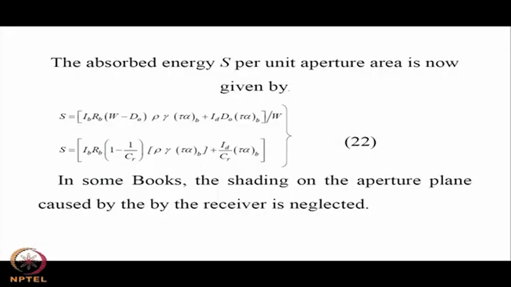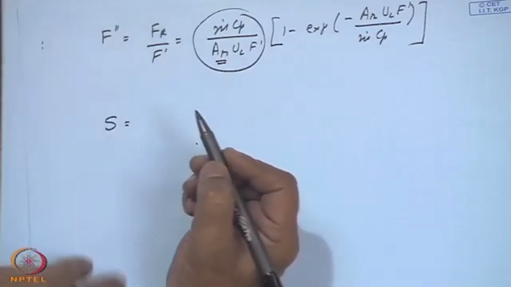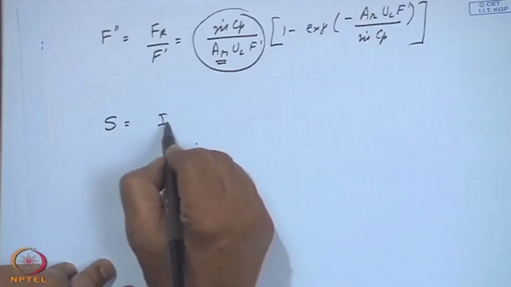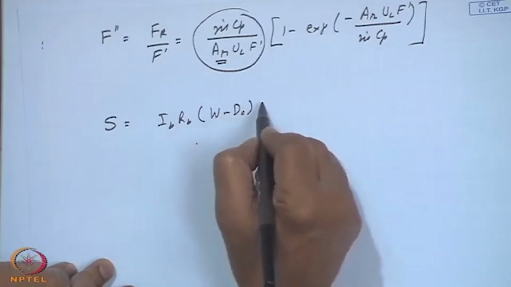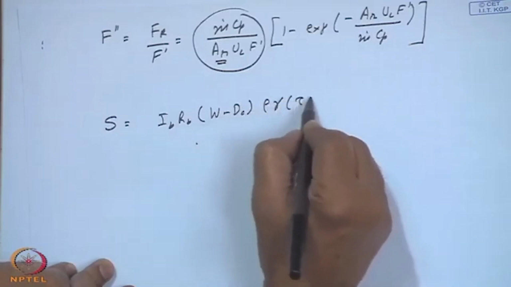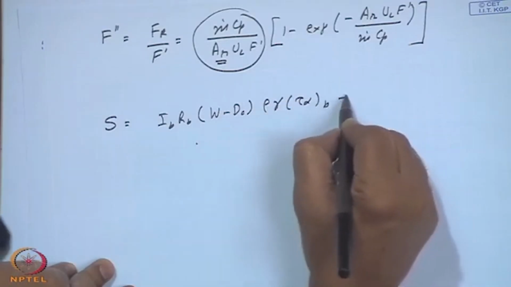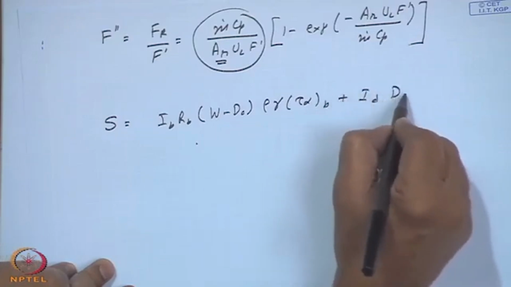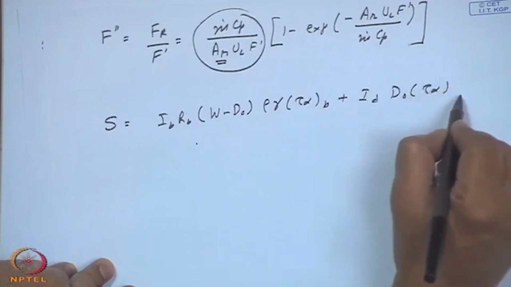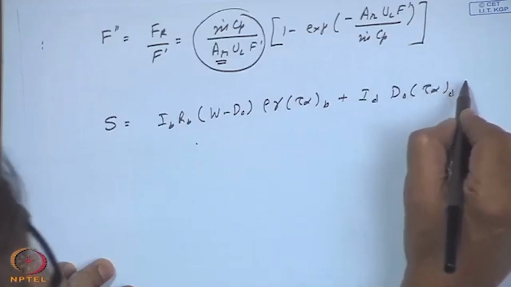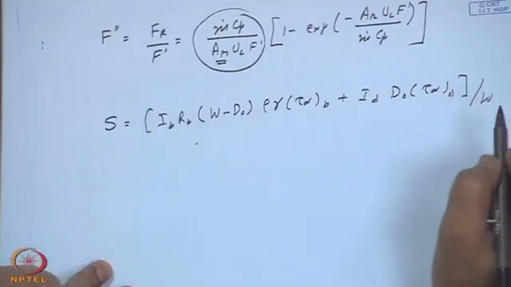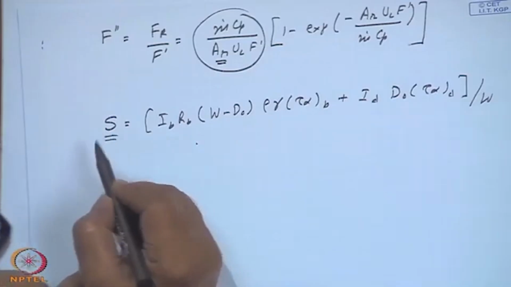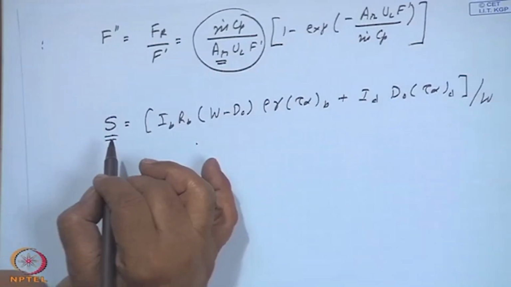Once again, if you look at some books, you will have that the absorbed energy, I thought I should give a clarification over here, is IB RB times W minus D naught rho gamma tau alpha beam plus I diffuse D naught tau alpha diffuse, upon W. This is the solar radiation absorbed per unit area of the aperture.